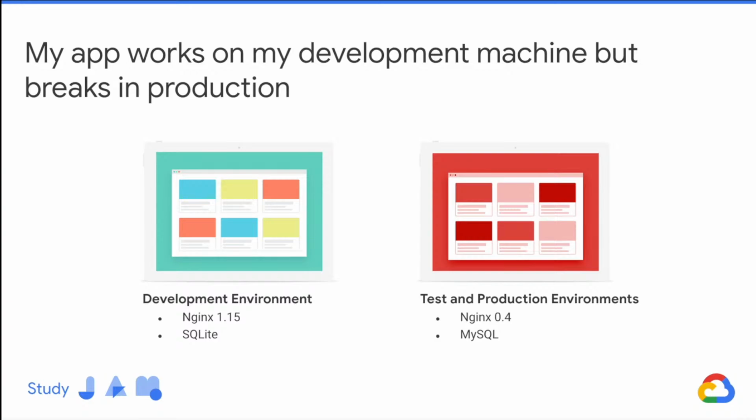Even if all environments are running the same type of software, they might be running different versions of the software. Errors caused by differences in the environment can be difficult and time consuming to troubleshoot, and the inconsistency affects the overall reliability of your application releases.